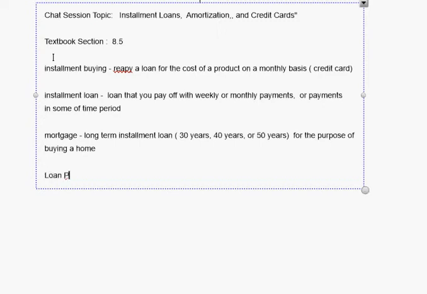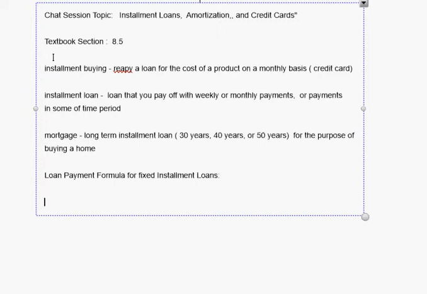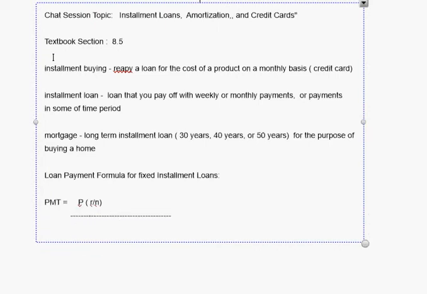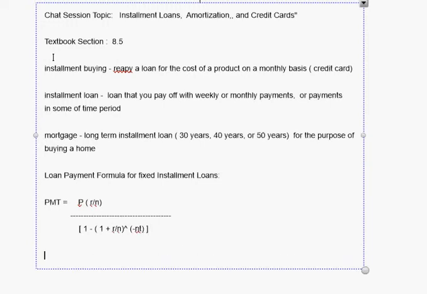Now, loan payment formula for fixed installment loans is PMT equals P times (R divided by N) over [1 minus (1 plus R divided by N) raised to the opposite of NT], and the PMT is the regular monthly payment.